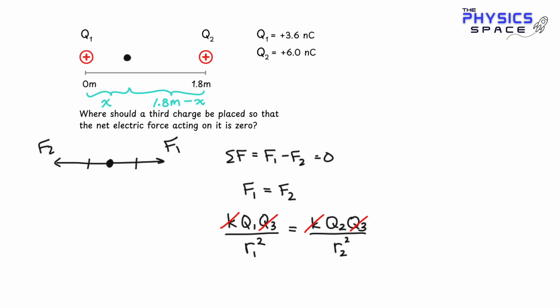Essentially R1 is x and R2 is 1.8 meters minus x. As we get into our math, we're going to replace R1 and R2 with these expressions for distance, and that's how we're going to solve this. What we're solving for is x, which gives us the position of the third charge.